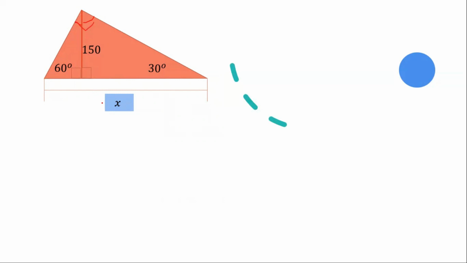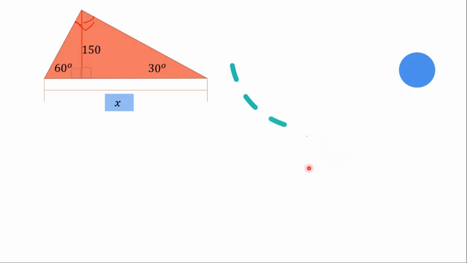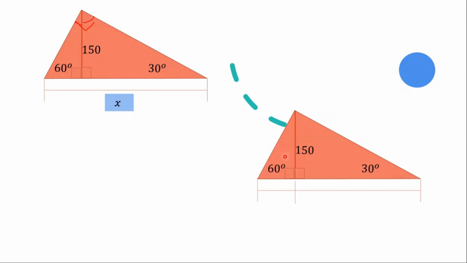Okay, so we will be solving for x, using special angles. The given is 150. So we will solve first the triangle on the right.